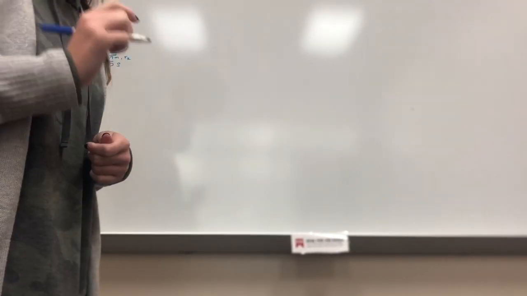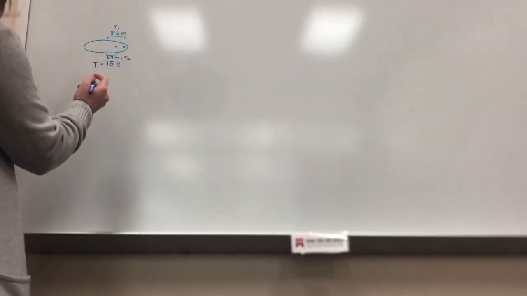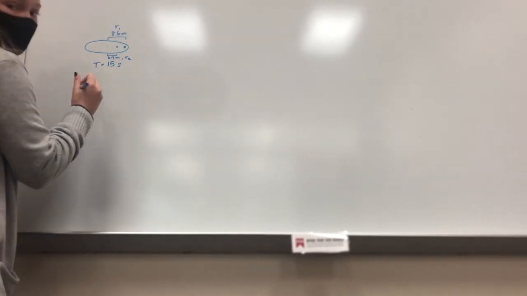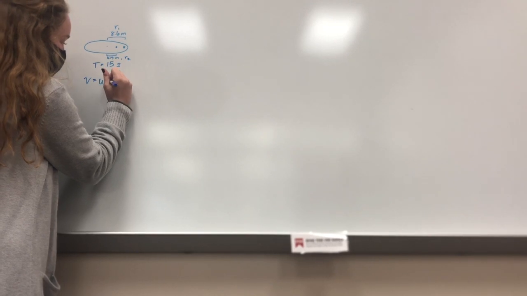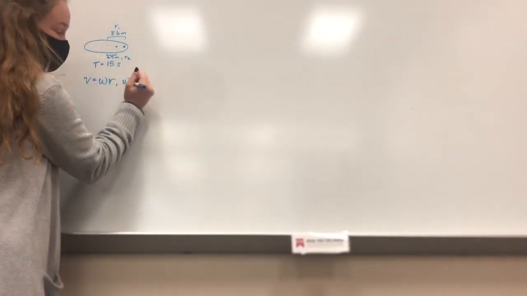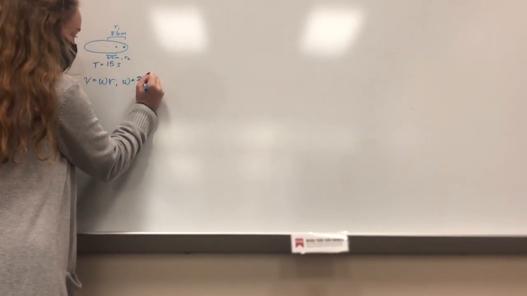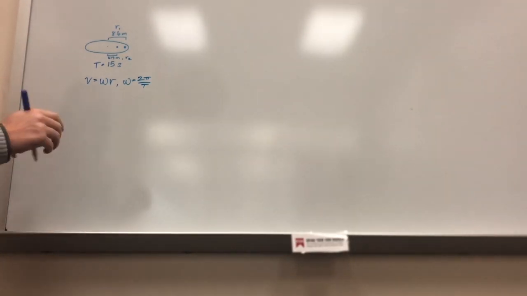So the first thing that we need to solve for is the speed of the child while they're sitting on the swan. So when objects are moving with uniform circular motion, you can describe the velocity as the angular speed times the radius. And you can describe the angular speed as 2 pi over T. And all of these formulas are coming from basic kinematic definitions and our formula sheet.